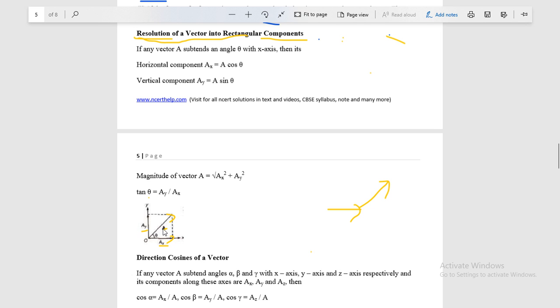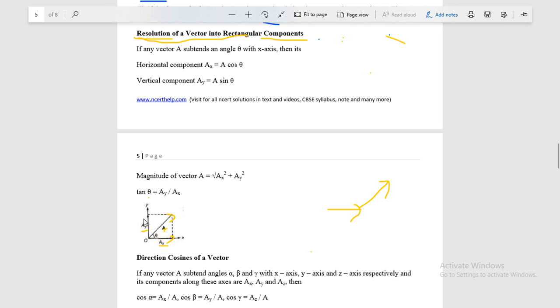So how can you find out these two perpendicular components? Suppose you have vector A. The initial point of vector A is considered as the origin. Now draw the y-axis and x-axis, as you can see in the diagram. Now draw the perpendiculars from the tip of the vector to the x-axis and y-axis, and then draw the arrows at the two points on the x-axis and y-axis.